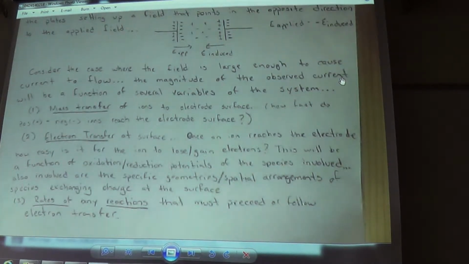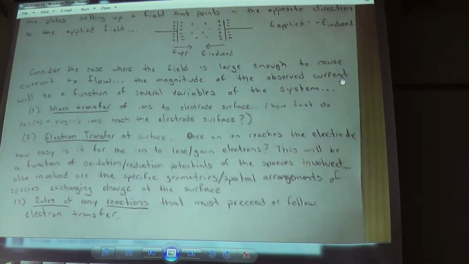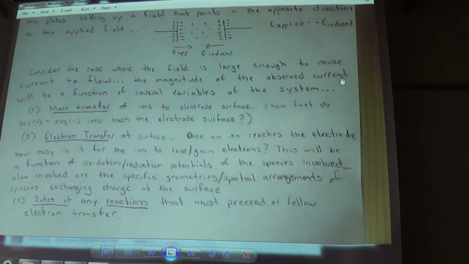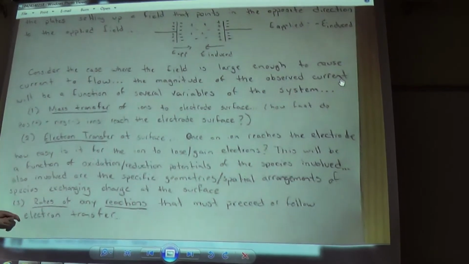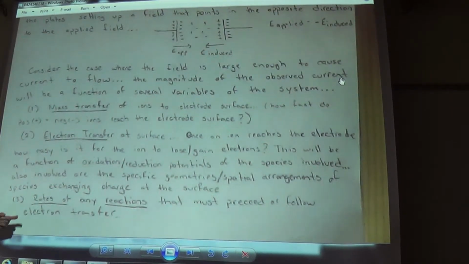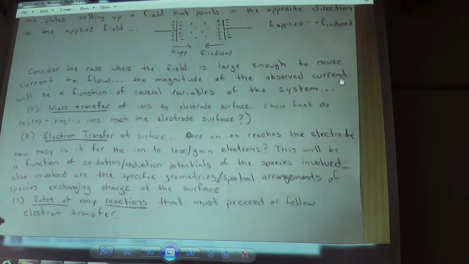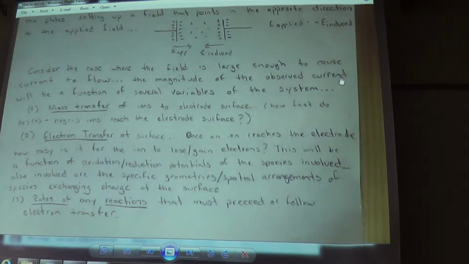So the magnitude of your currents, size of your conductivity. For some systems, there are chemical reactions that need to happen to either follow or precede electron transfer. In a system that has some kind of a chemical reaction that's requisite, then you'll have to also consider the effects of those reactions, the rates of those reactions on the transfer of current.